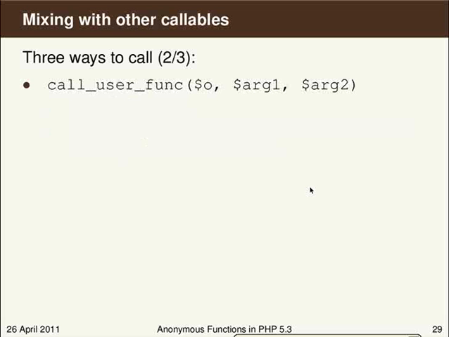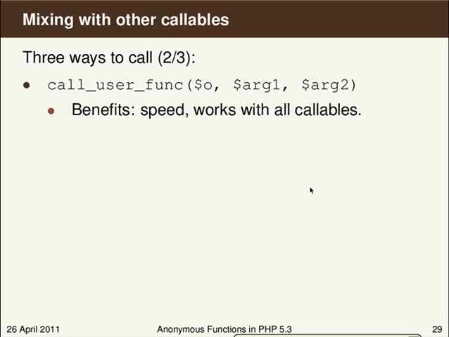So now we'll move on to the second way, and that's call_user_func. In this case, the first argument is always the callable, and then you have an argument for each argument you want to call on it. Now, this is very fast as well, and it works with all callables. It's slightly slower than the direct call that we had before, but it's negligible. This is great.